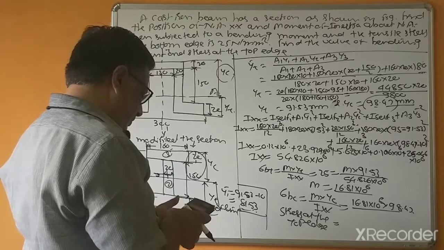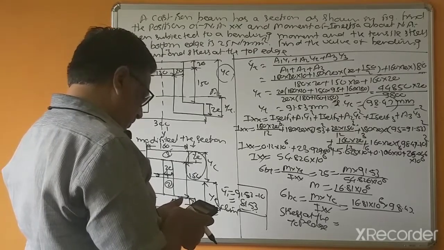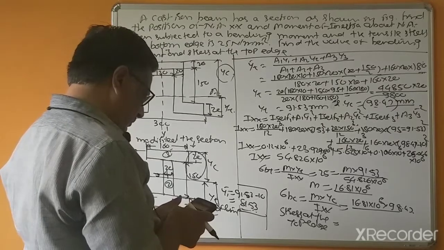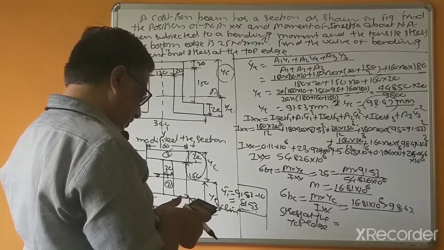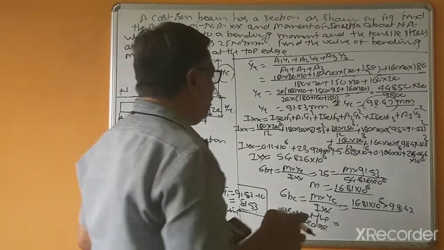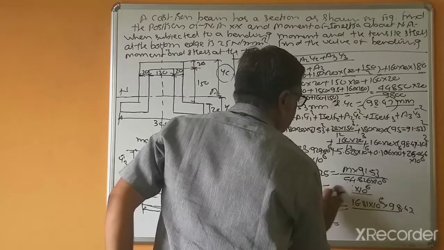25 into 54.826 into 10 to the power 6 divided by 91.14.